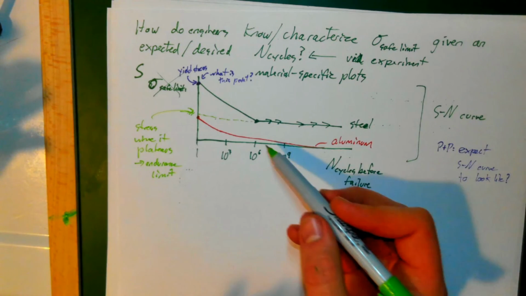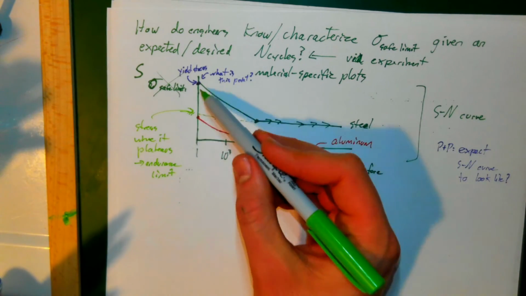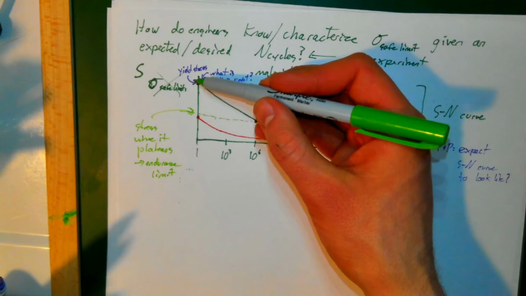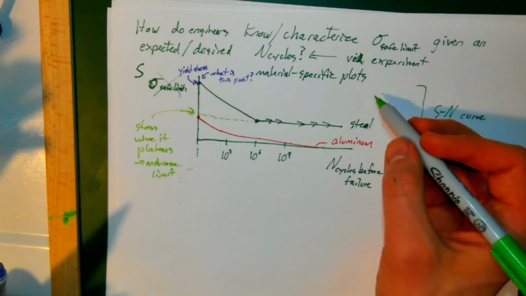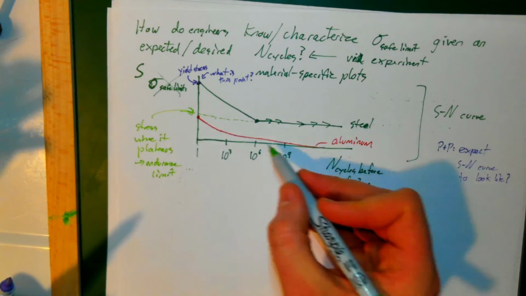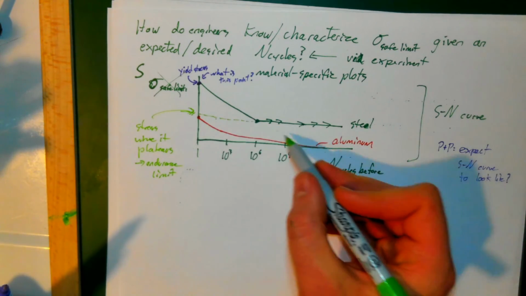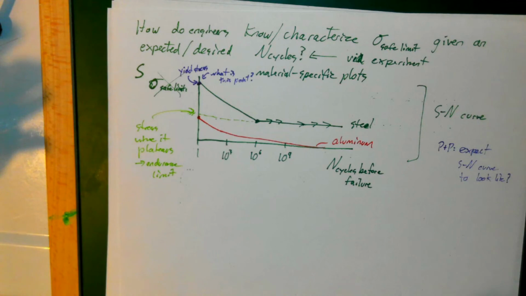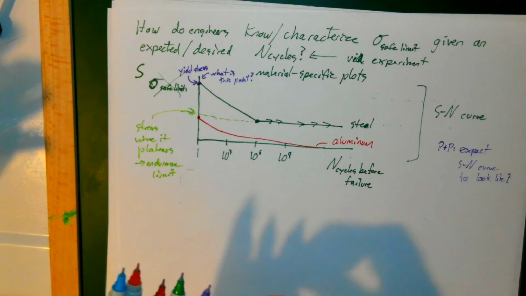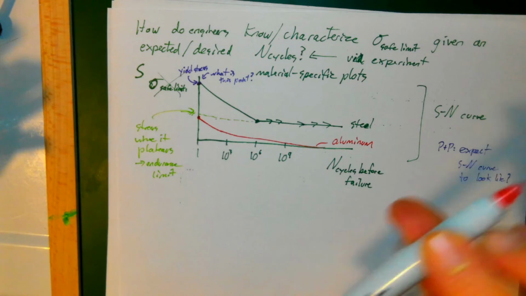Different materials might have different proportions of their original yield stress, and different numbers of cycles where it lasts here. And some materials like aluminum have no plateau at all, where it just continuously asymptotes all the way down to 0. And this has particular design implications.